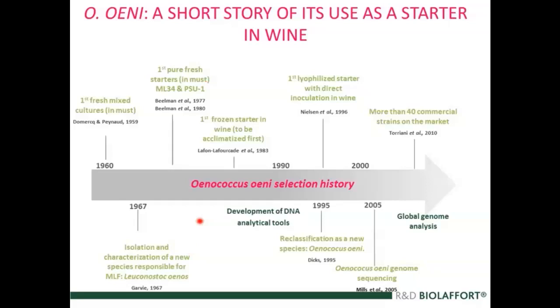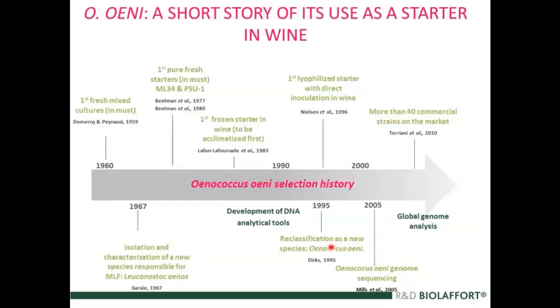The taxonomy of Oenococcus oeni went through a lot of different terms, going from Bacterium gracile to Leuconostoc oenos. That was a formal first description of the species responsible for malolactic fermentation in wine.